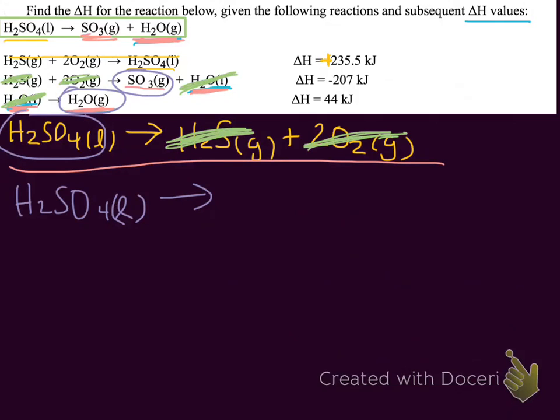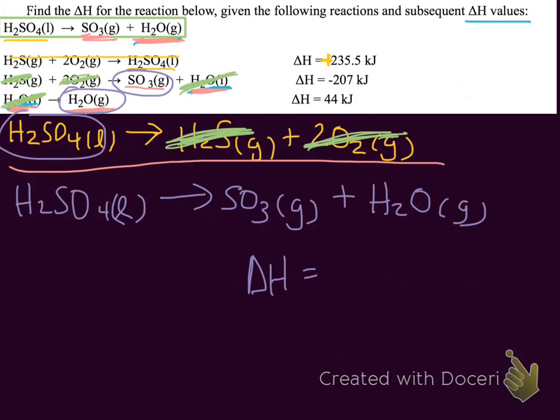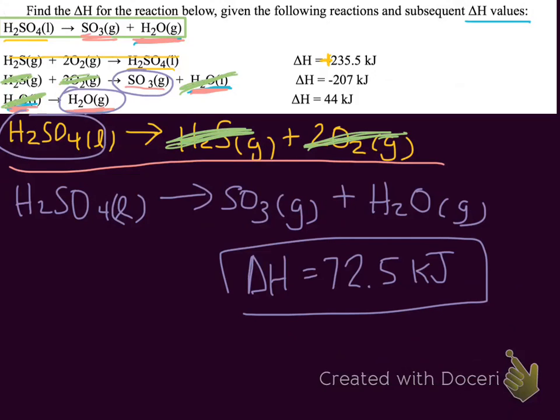And that's going to give us SO3 gas plus H2O gas, and our final delta H value is 72.5 kilojoules. And this would be endothermic because you have a positive delta H value.